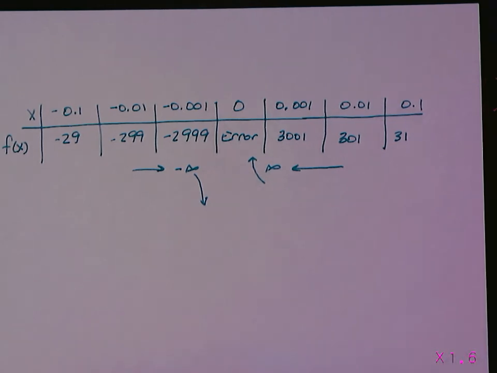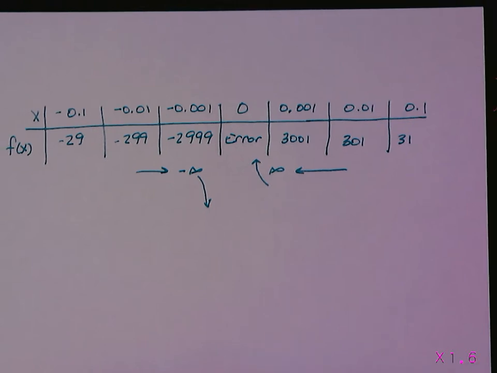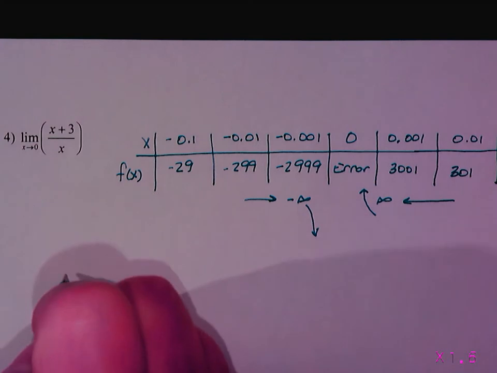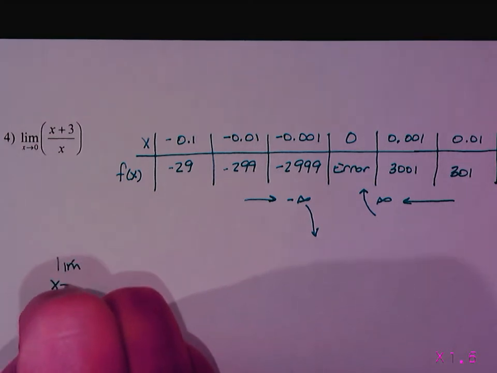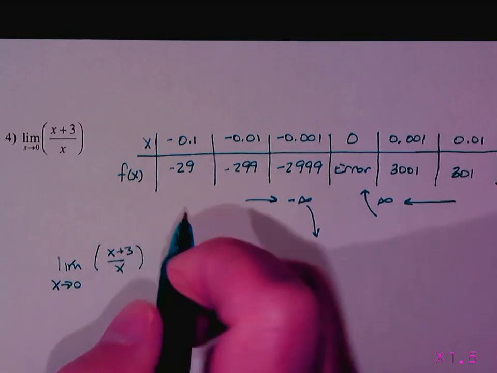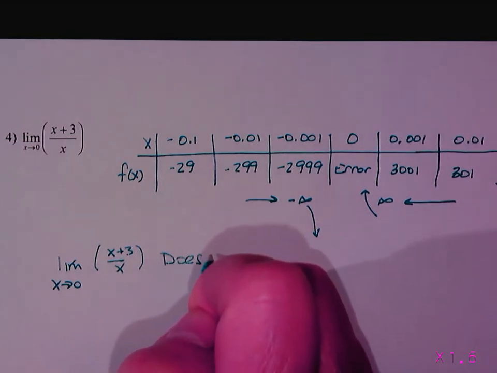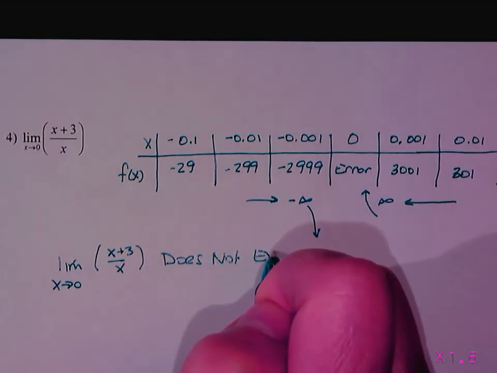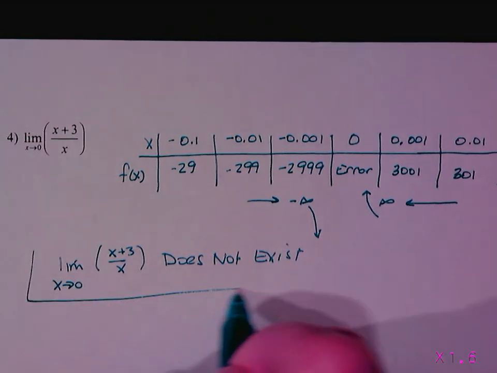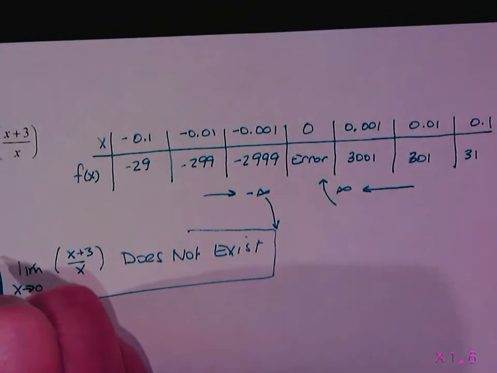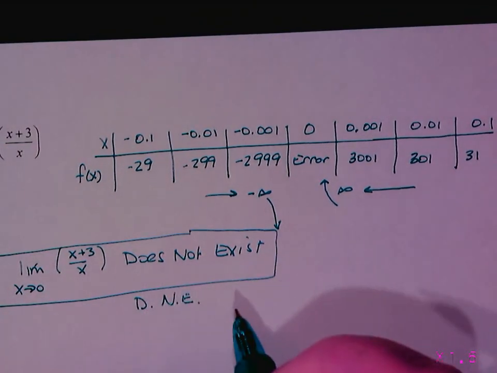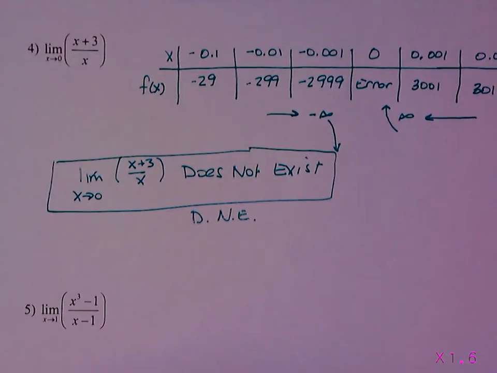So the way this is written is I would have the limit as x approaches 0 of x plus 3 over x does not exist. And most of the time, I'm going to use the abbreviation DNE for does not exist. So it's not possible, it doesn't occur, however you want to say it.